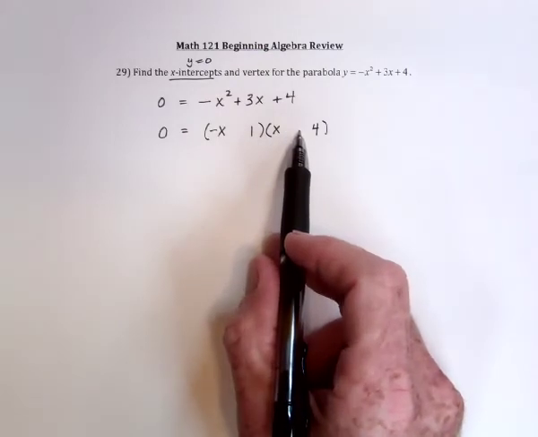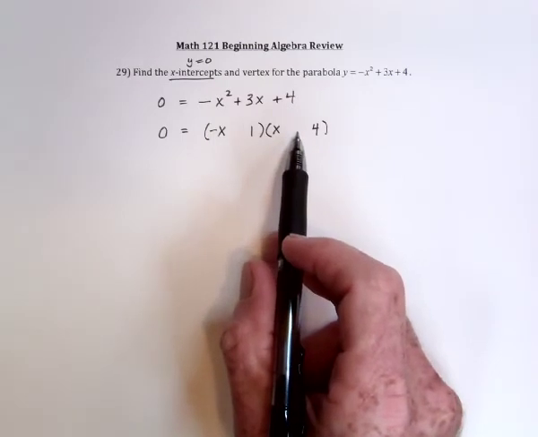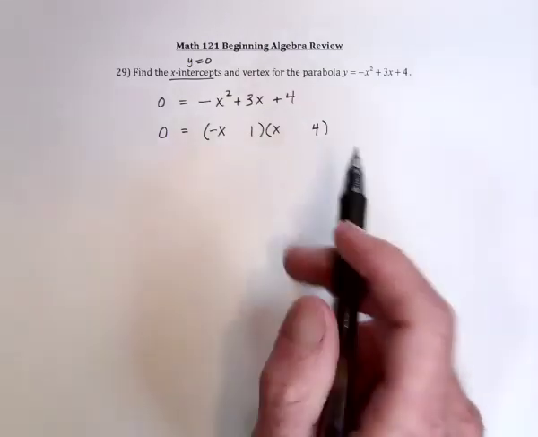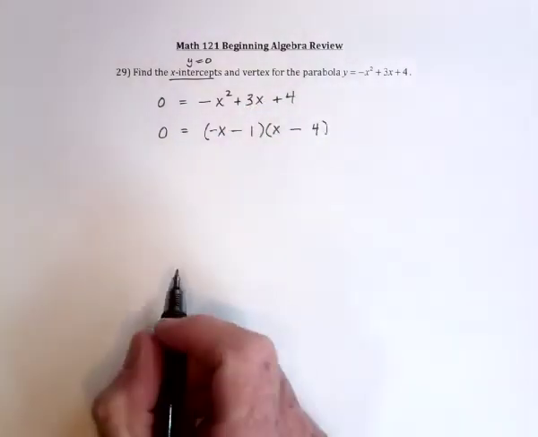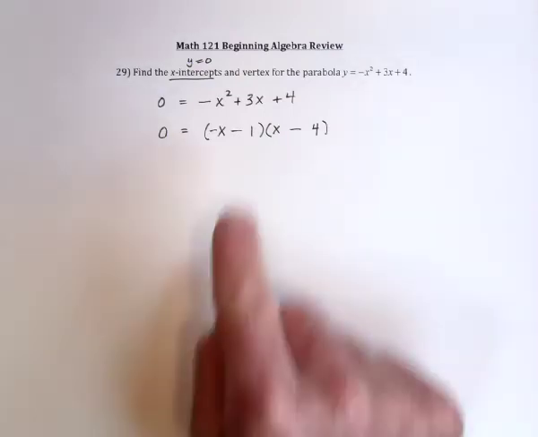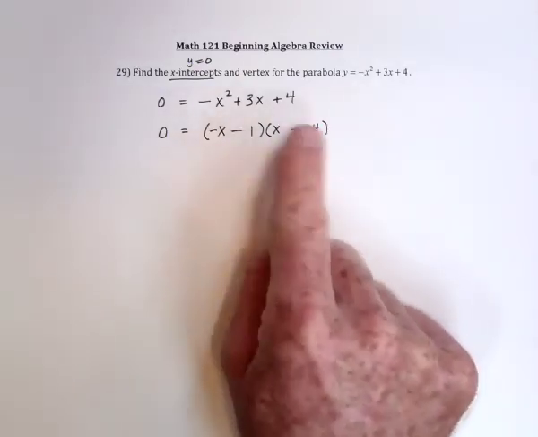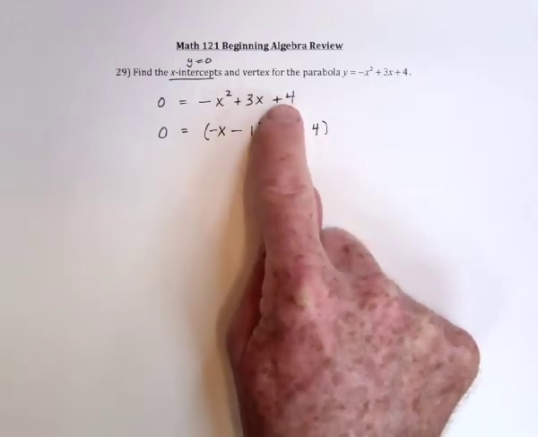Well, it's a matter of basically just guess and check. You put whatever you think might work, and then multiply it out and see if it works. If that doesn't work, then switch it. So I'm going to put negative, negative, mostly because I can sort of look forward to see, well, a negative 1 times a negative 4 will be this positive 4, so that works.